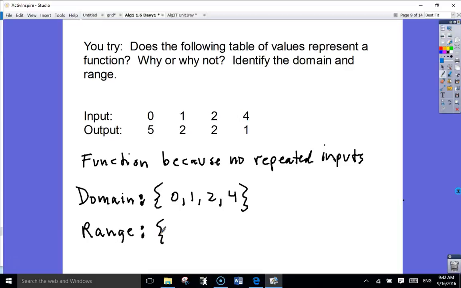So I would start the range with 1, and then I would have 2, and then I would have 5, right? So you have to say, in order, no repeats. That's the domain and the range.